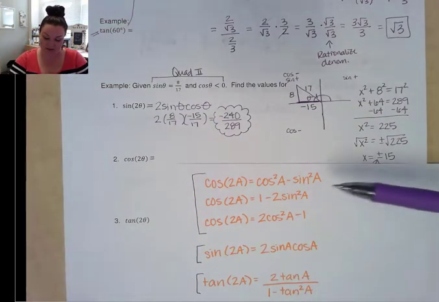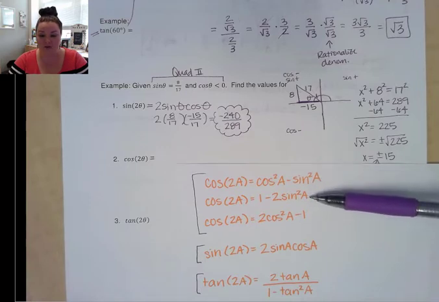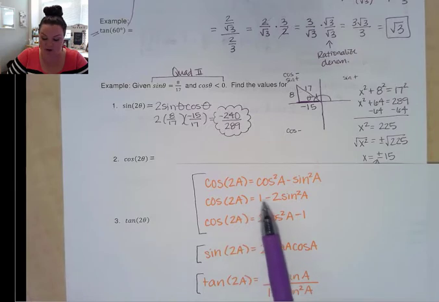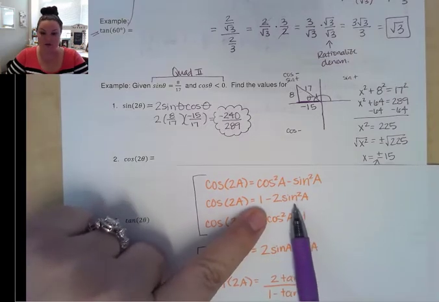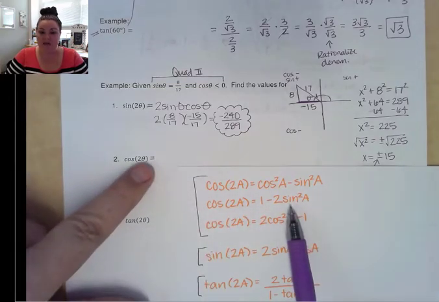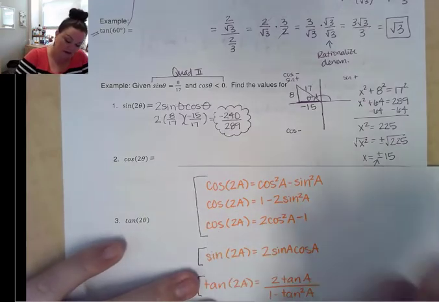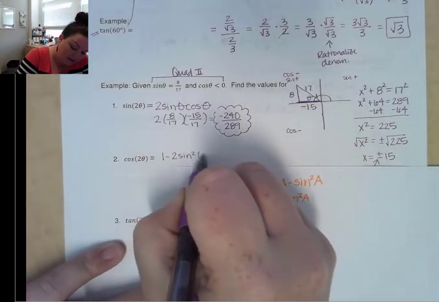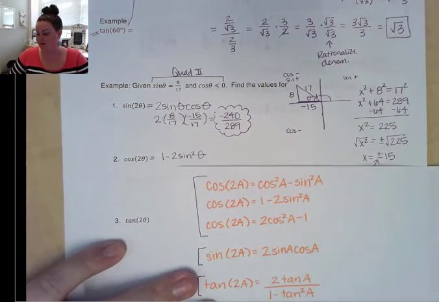So if I look at my three formulas, there's one that only requires a sine, the second one, right? Cosine of 2 times an angle is the same as 1 minus 2 sine squared of that angle. So I'm going to use the second one, and I'm going to write it with a theta instead of an a. So we know that cosine of 2 theta should be 1 minus 2 sine squared theta, just using the second angle that we came up with, right?